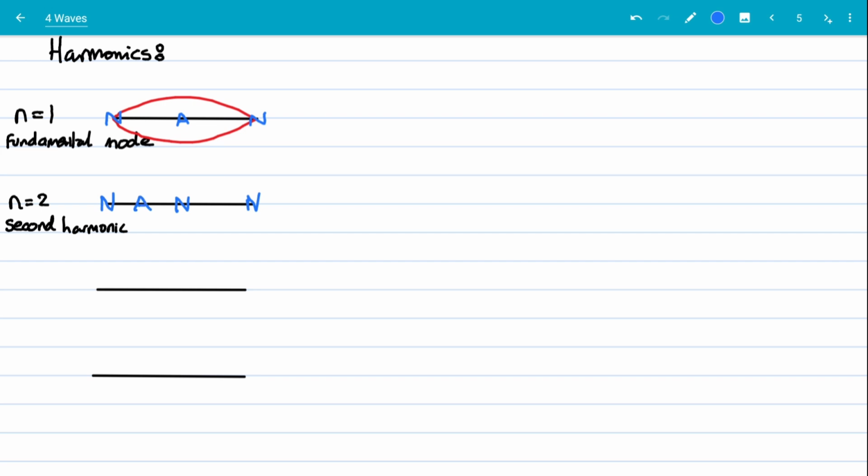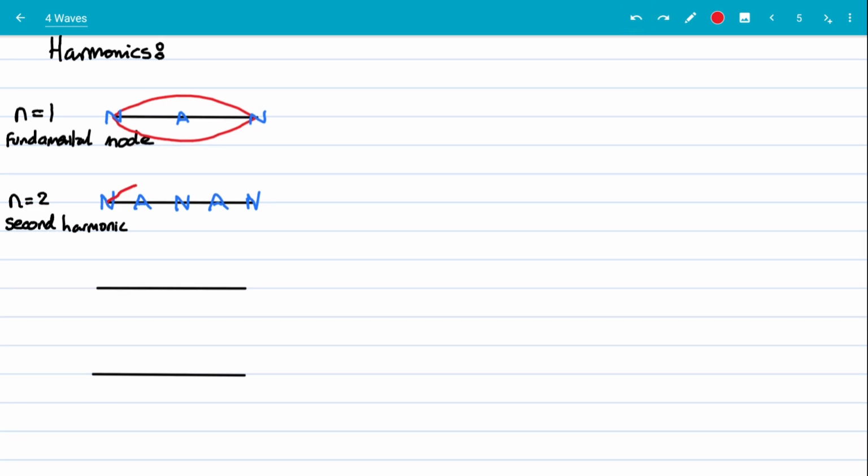So an antinode here and an antinode there. So now the string appears to go from the left-hand node up to where the amplitude will be maximum, down to the node in the middle, down to there, and back to here. And that's the way the string would look at one instant in time. Then half a time period later, it would be doing the opposite.